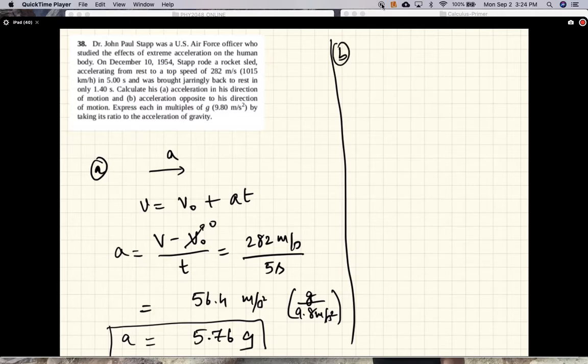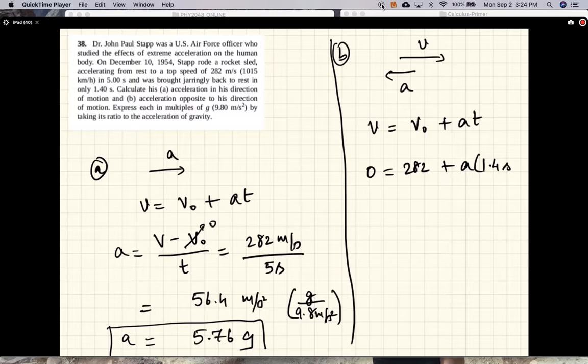And B, so when he was stopping, his velocity is in that direction and his acceleration is in this direction. So again, from this equation, v equals v naught plus at. Now his initial velocity is 282 meters per second. His final velocity is 0. He stops. So 0 equals 282 plus acceleration times time, and he stopped in a time of 1.4 seconds.